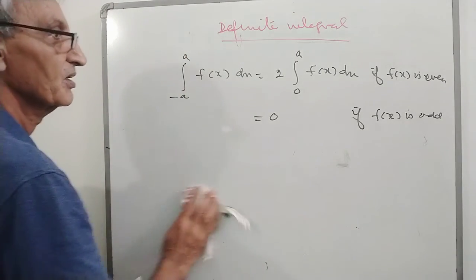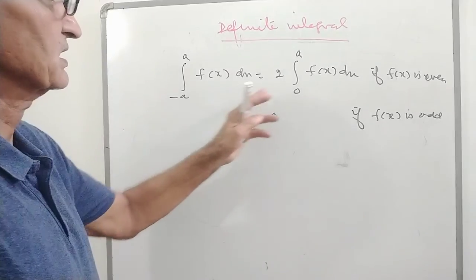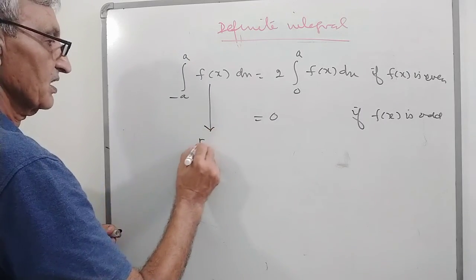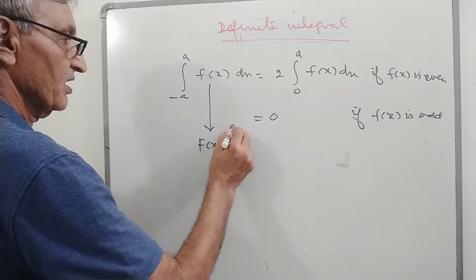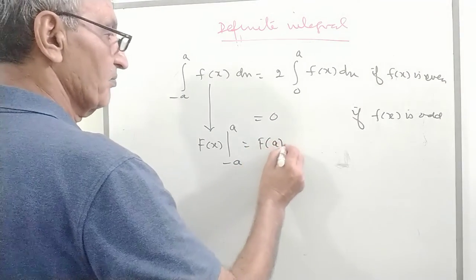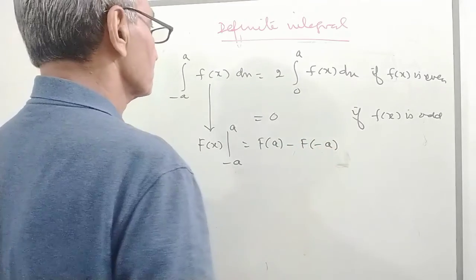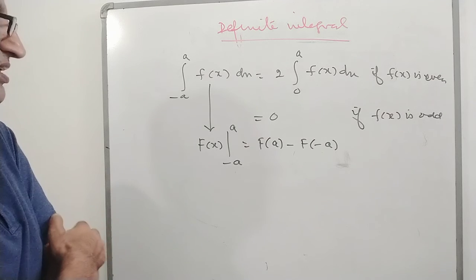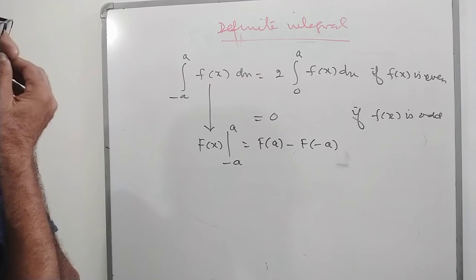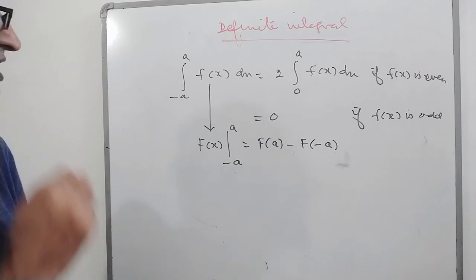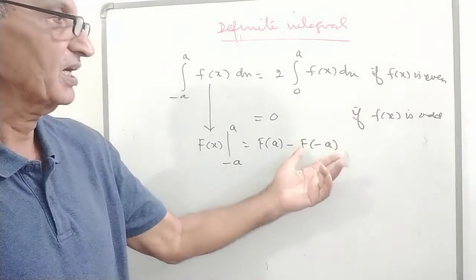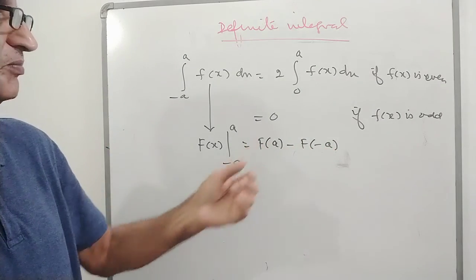Suppose the integration is from minus a to a of f(x), so we take f(a) and f(minus a). Whether the function is even or odd depends upon f(minus x) equal to minus f(x) or f(x).